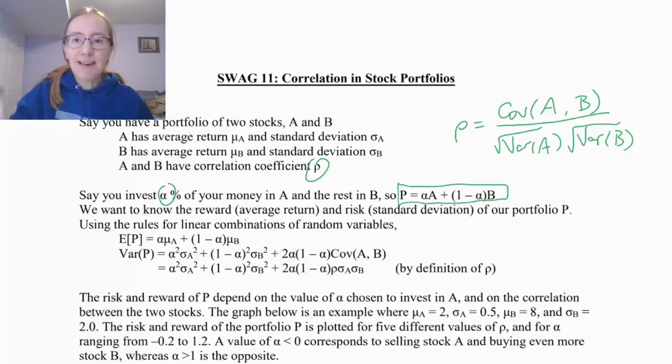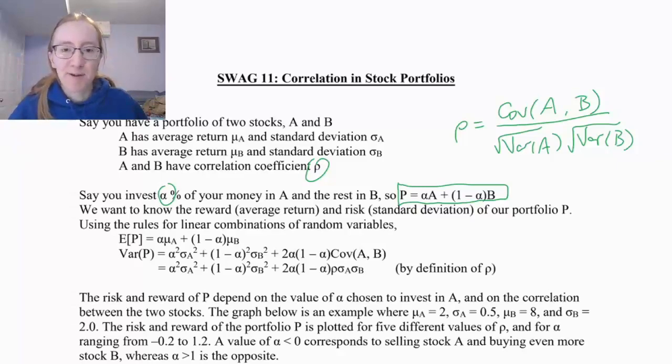This variable P is the outcome of our portfolio. It's a linear combination, alpha times A plus 1 minus alpha times B. Then we can use all the rules we know for linear combinations of random variables to figure out the mean and variance, and hence the standard deviation, of this overall portfolio.